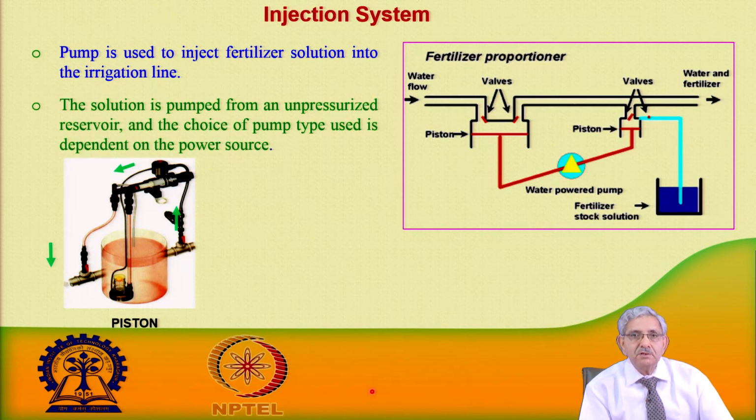There is also an injection system, which involves pumps, and a pump is used to inject fertilizer solution into the irrigation system. This is more sensitive to concentration, and one can maintain the concentration in the system. The fertilizer solution is pumped from an unpressurized reservoir, where the fertilizer solution is filled, and it depends upon what type of pump we are using.